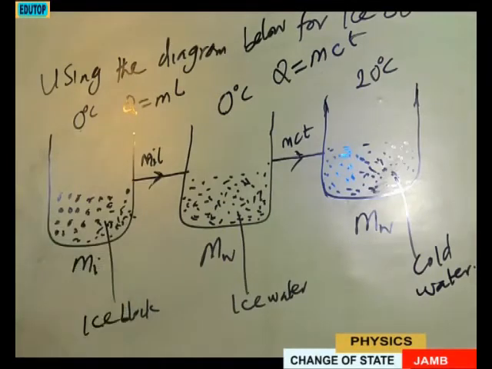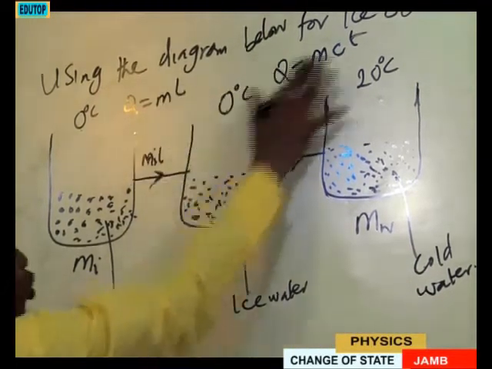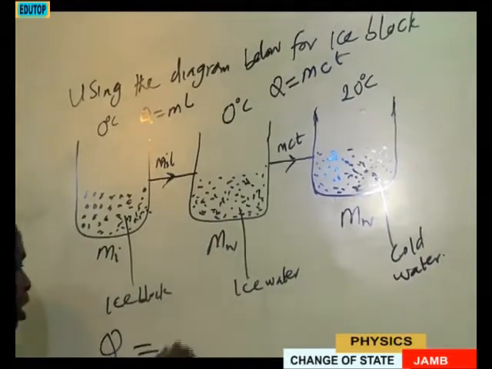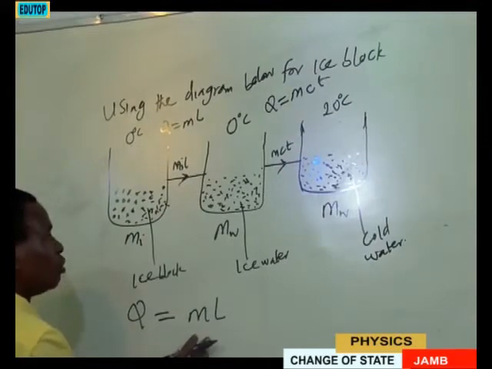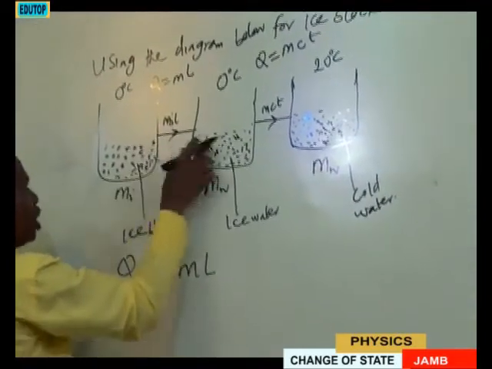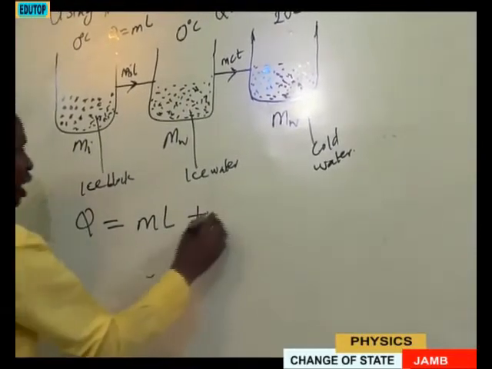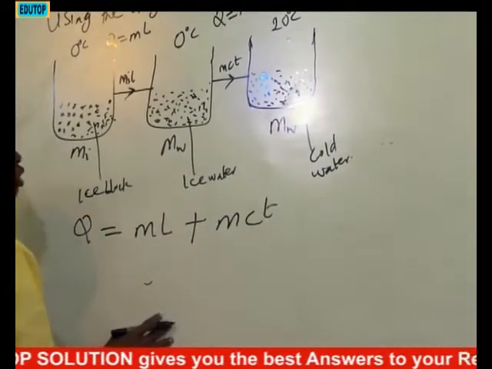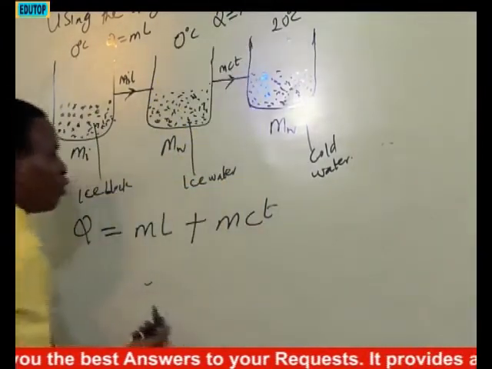If we are to calculate the total quantity of heat from ice block to this cold water, it goes through two stages. First mL, when the temperature has not changed but there is a change of substance, plus mCΔT when the temperature has risen from the initial temperature to another level of temperature.